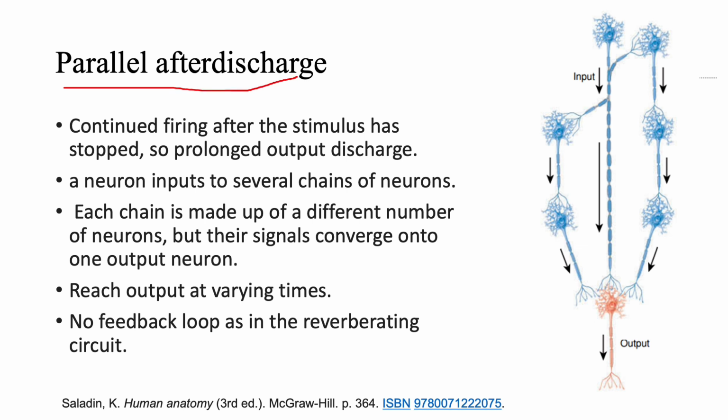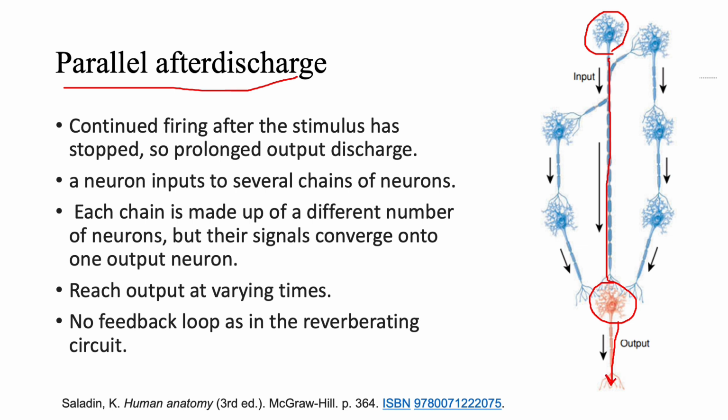If we're talking about this neuron as the first neuron, it's firing, so it's sending the signal through this synapse to the second neuron. So signals go from the input neuron, the blue one, to the orange neuron, the output one.